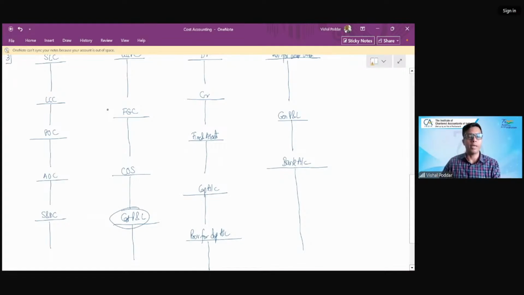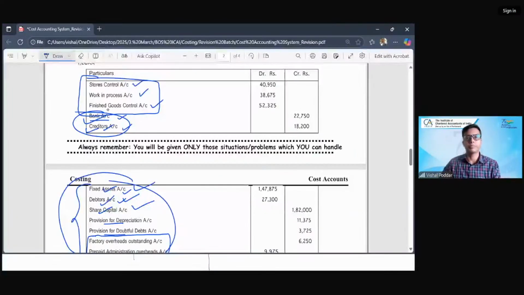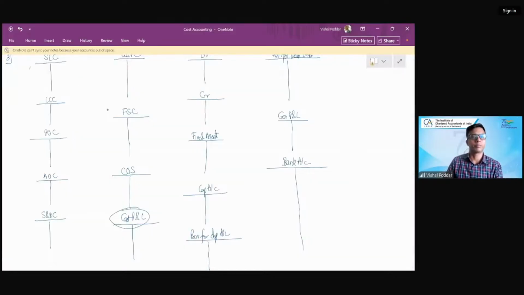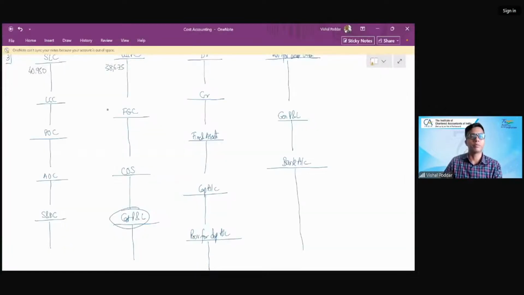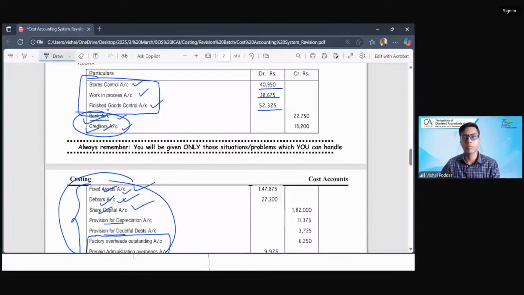Now let us put the balances. 49,50, 38,675. 52,325. Oh, bank is a credit balance, huh?